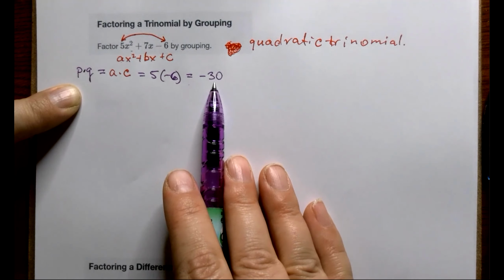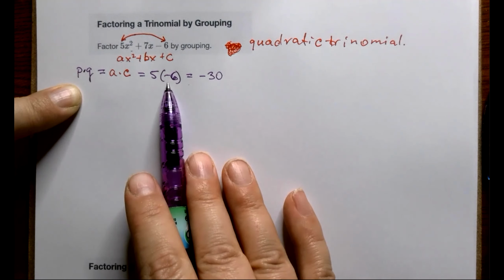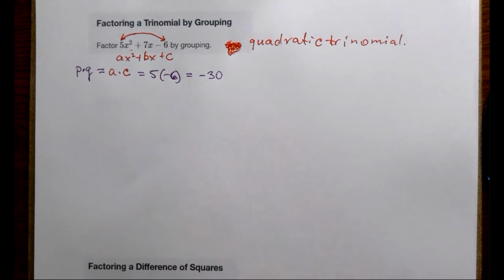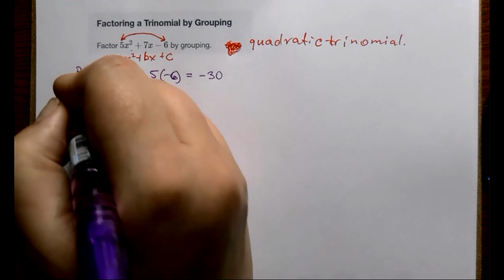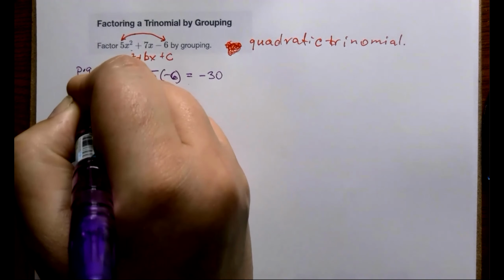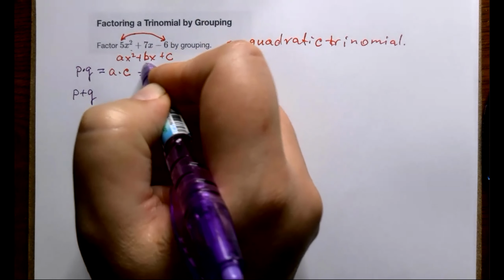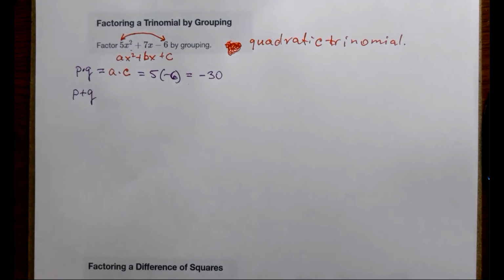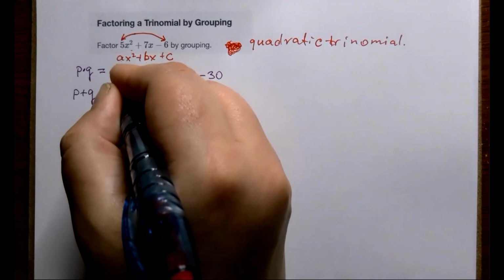And I know some of you say, okay, yes, it's 5 and -6. True, but not so fast. They also have to add to the middle coefficient b.